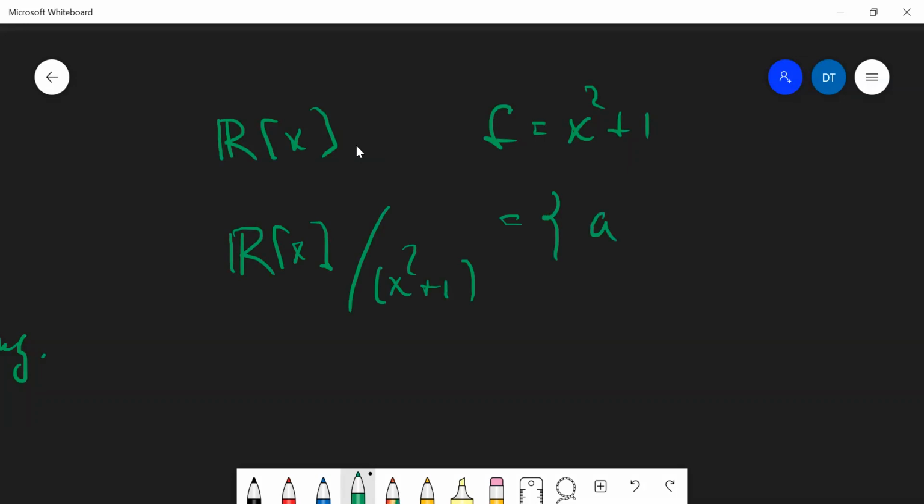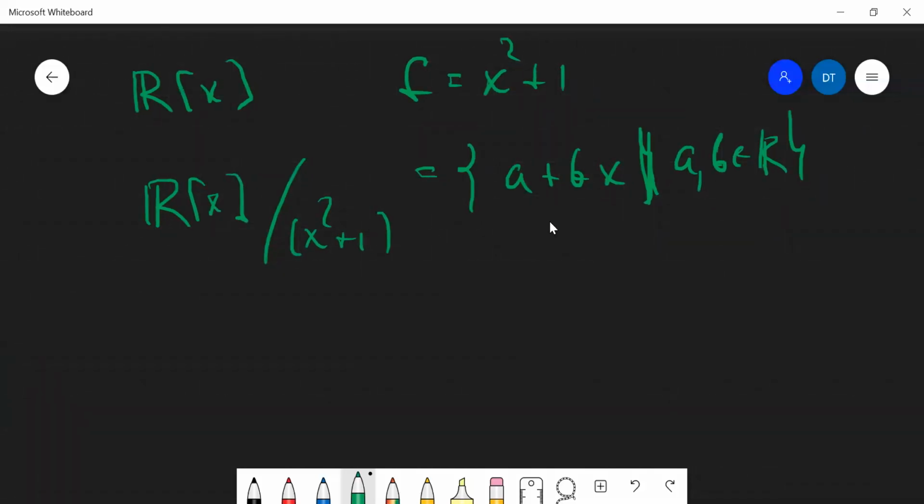Explicitly, it consists of elements a plus bx, where a and b are real numbers. And the multiplication is given by this remainder formula, modulo x squared plus 1. But now I can produce a homomorphism to the field of complex numbers.